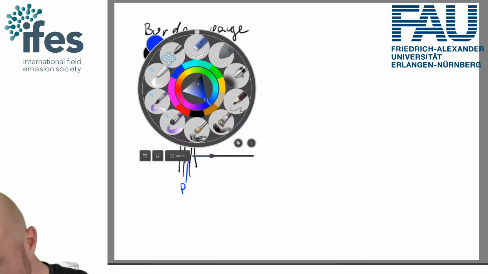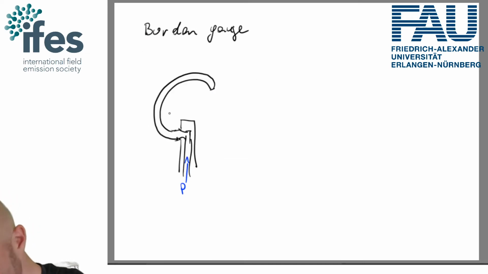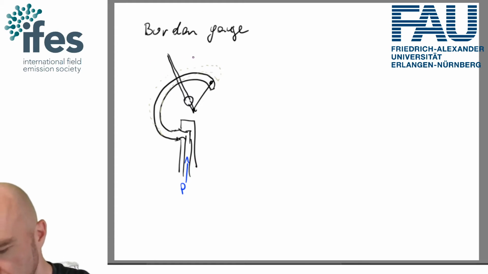With the pressure P, the whole thing springs open a little bit, and you can use that to attach some kind of mechanical device, so that if that pulls up, your needle moves.